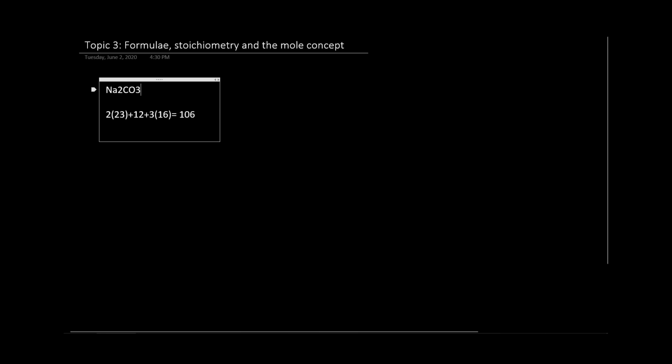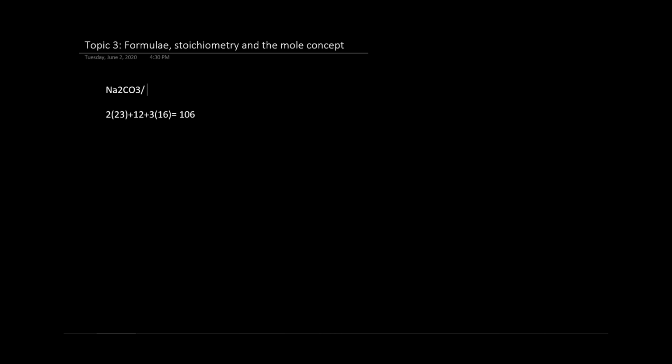And in case this was a covalent compound, for instance, hydrochloric acid, HCl, then the total mass would have been 1, since there's just 1 atom of hydrogen and the Ar of hydrogen is 1, plus the Ar of chlorine, which is 35.5.